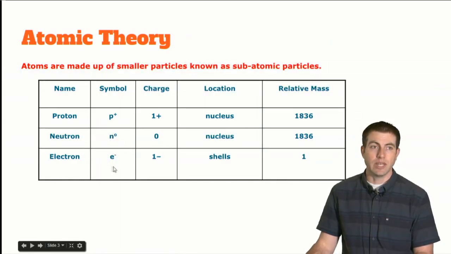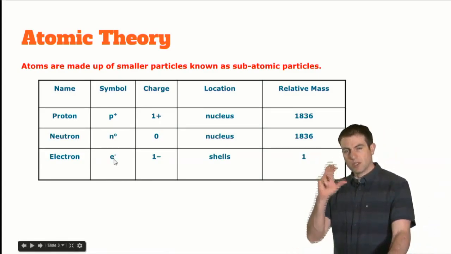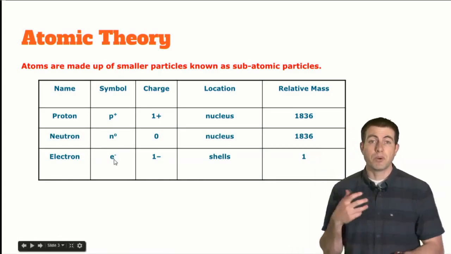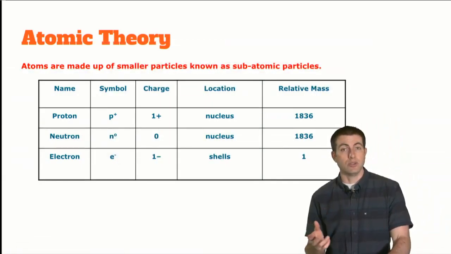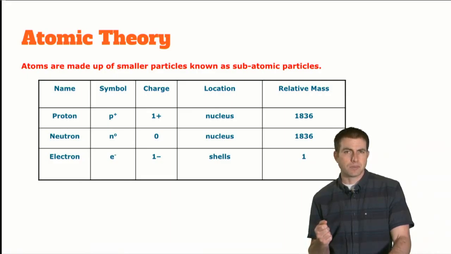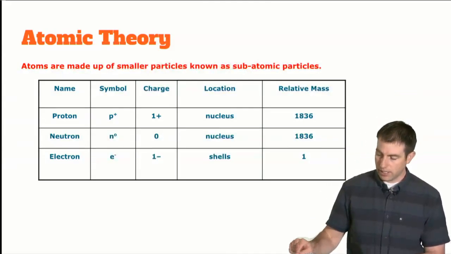And then E with a little negative sign next to it gives us electrons. The reason we put those little symbols next to them is that protons have a positive charge, neutrons have no charge, they're neutral, and electrons have a negative charge. So we're going to spend a lot of time looking at these things today and how they work.